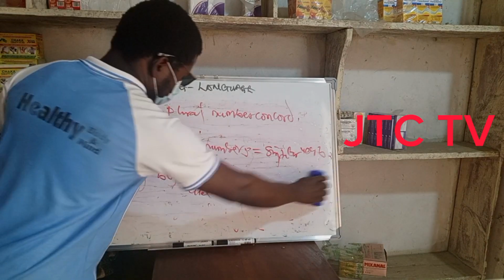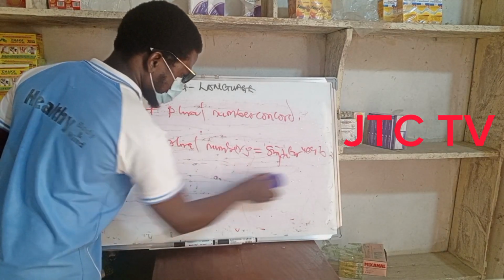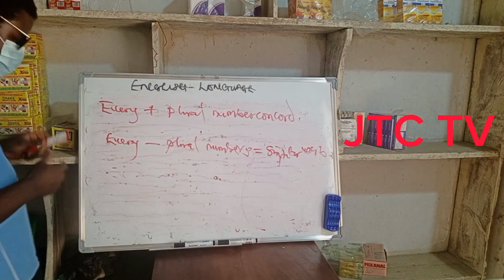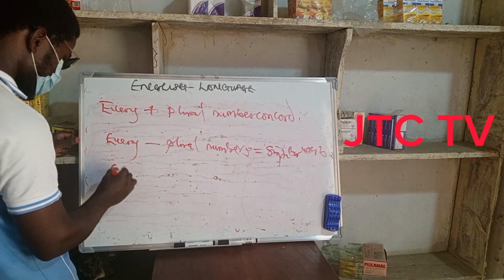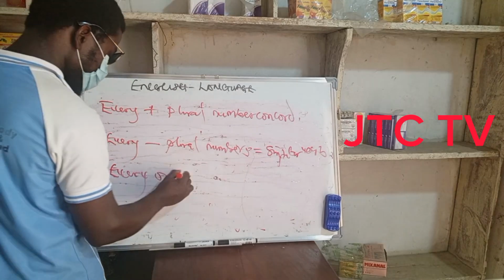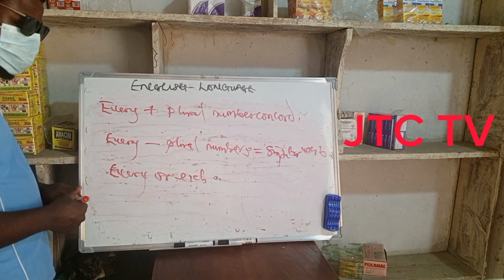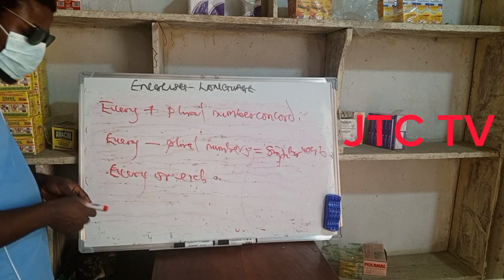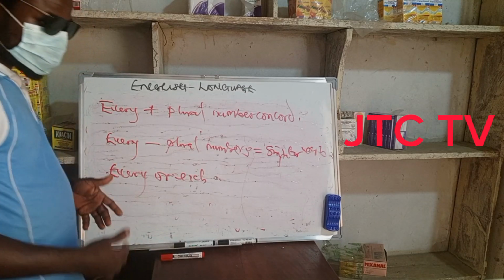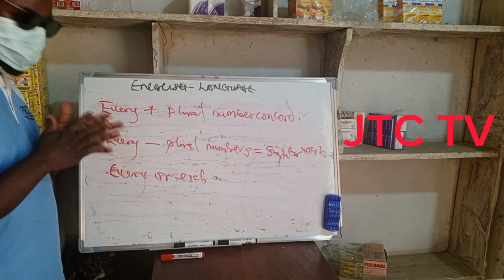Look at another case again. Every or each. When every or each comes before a coordinate sentence, the verb to be used is what? Singular.